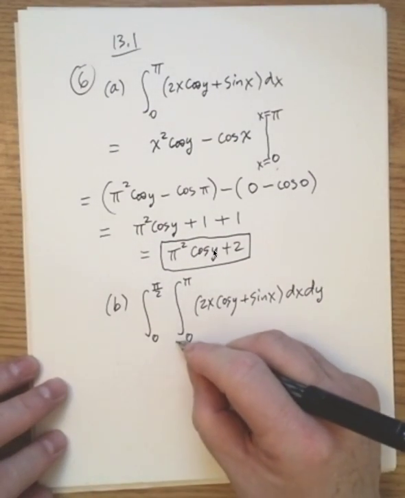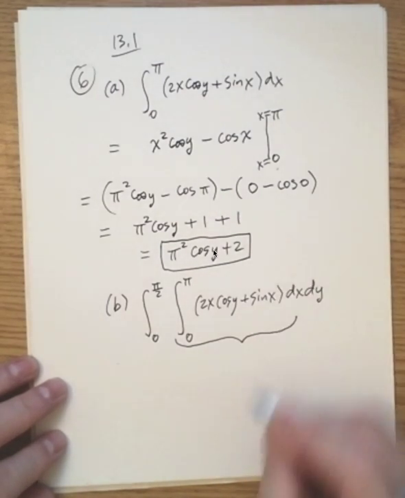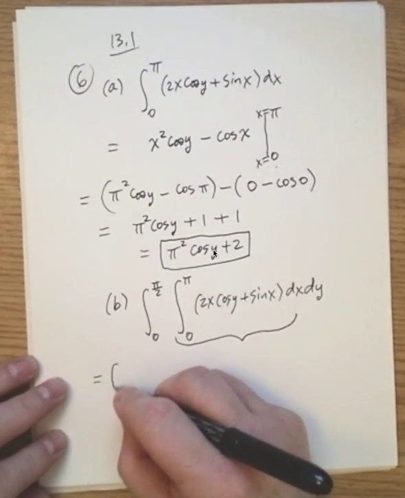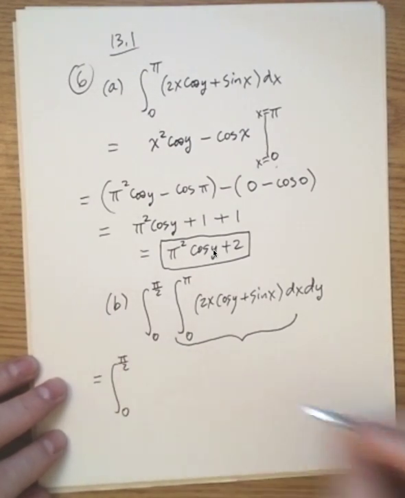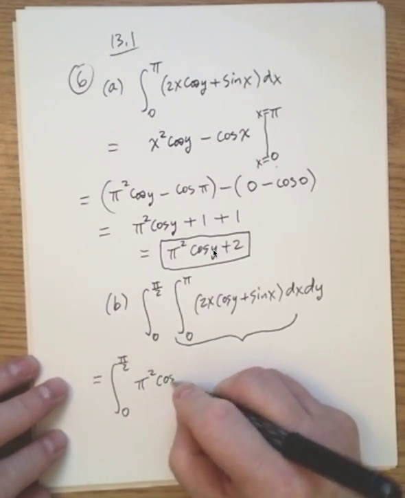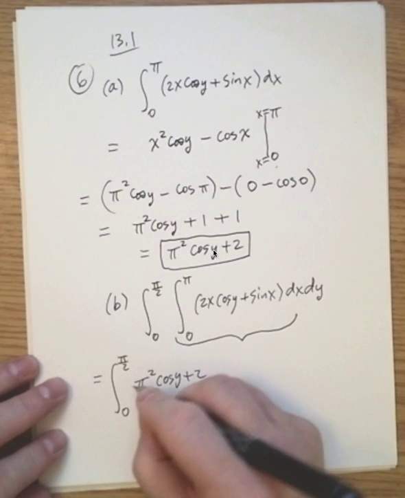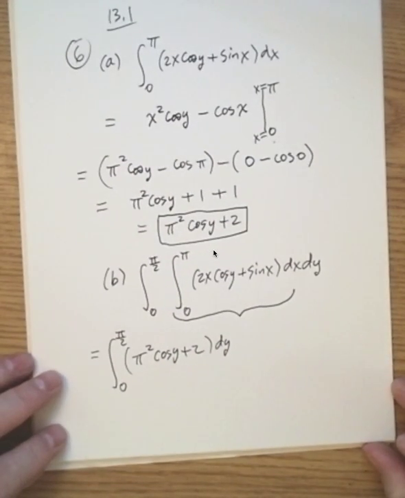Now we notice here that this inner integral we just worked out, this is actually then the integral from 0 to pi over 2 of pi squared cosine y plus 2, so that's that result there, dy. We need to integrate that.